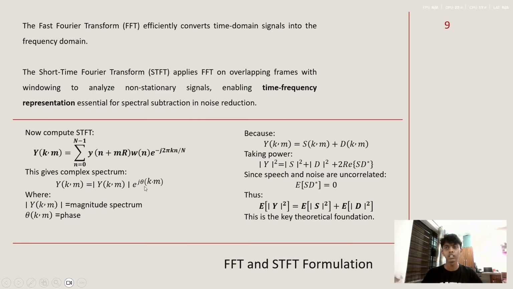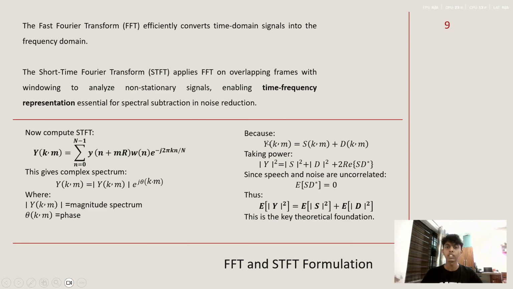This phase we'll be using later on, since it's quite difficult to find the phase of the noise and remove it. Also, the phase is not much recognizable by our human ears, so we won't be changing the phase or anything.